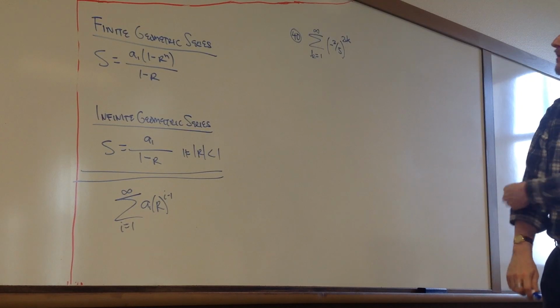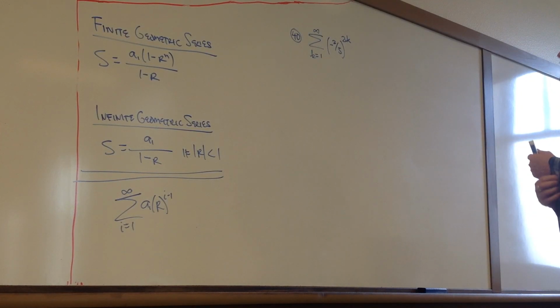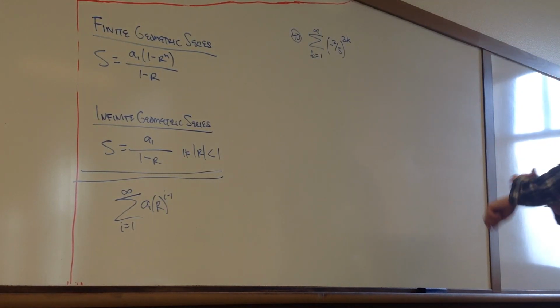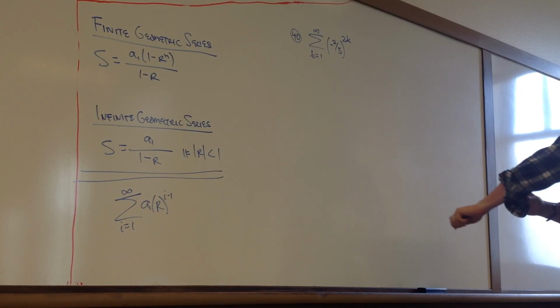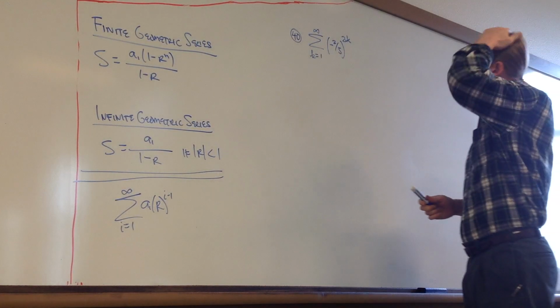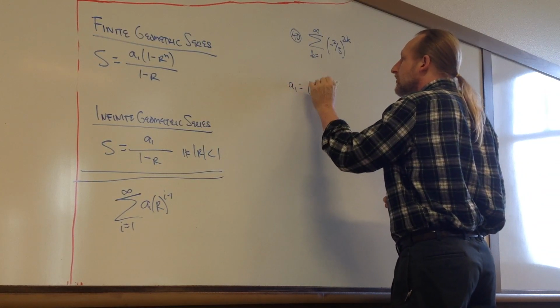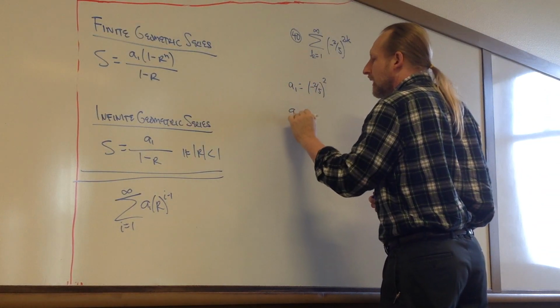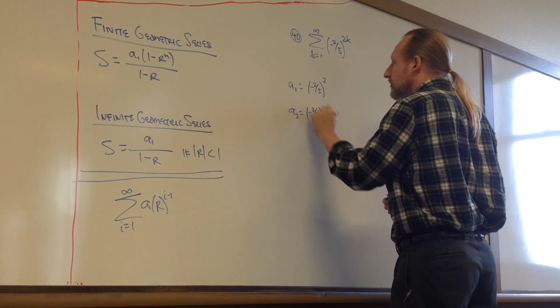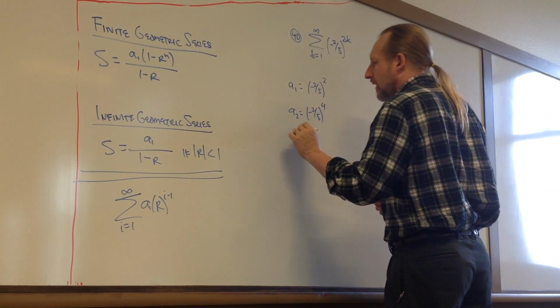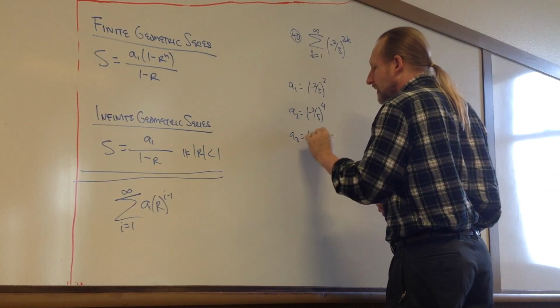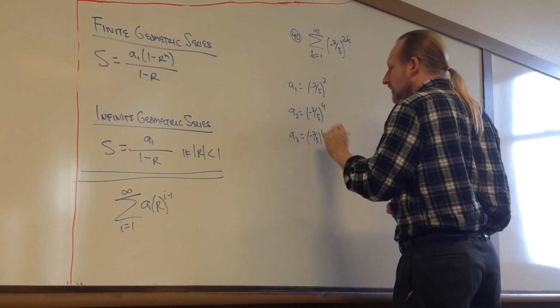If you write down some terms here, I think that we can see that. So let's start writing the terms down. A sub 1 is negative 2/5 squared. A sub 2 is negative 2/5 to the 4th power. A sub 3 is negative 2/5 to the 6th power.